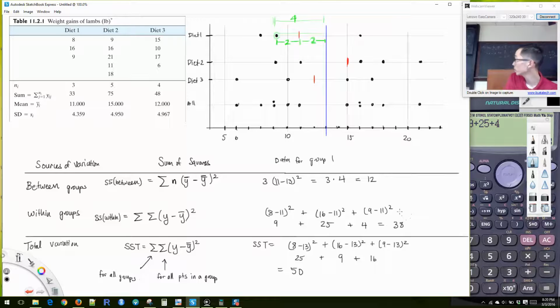And indeed, 12 plus 38 is equal to 50. So our sum of squares between plus our sum of squares within adds up to the sum of squares total.